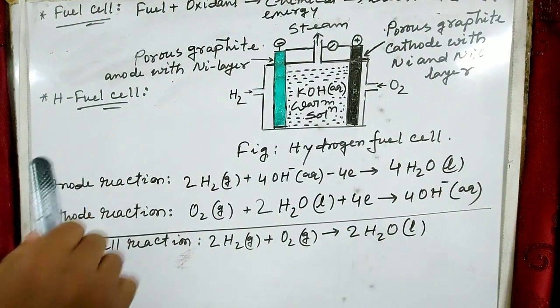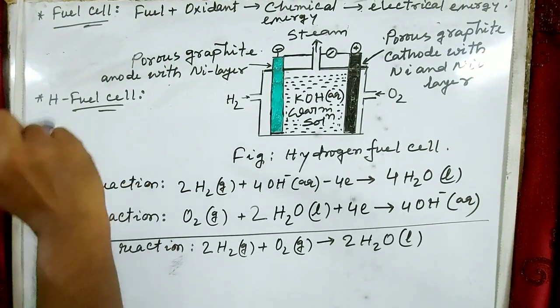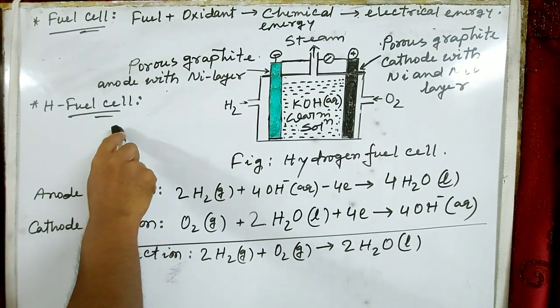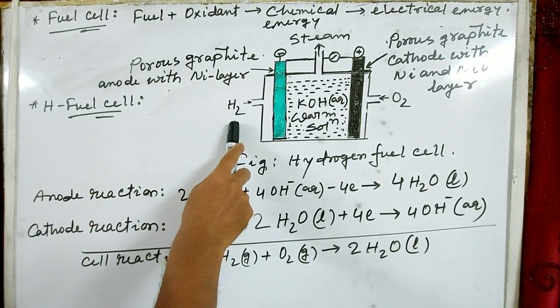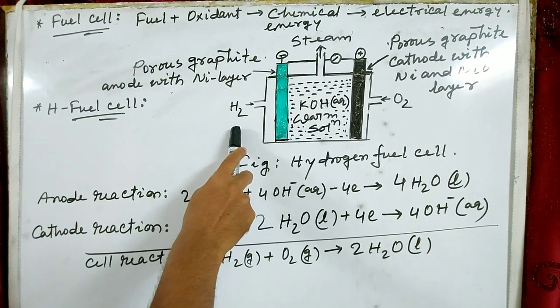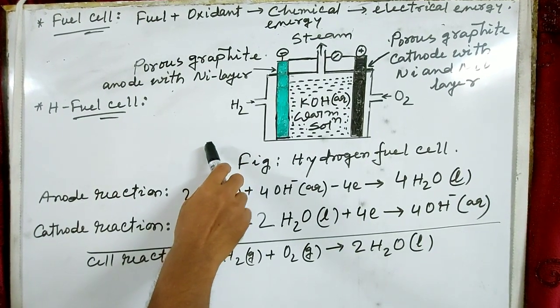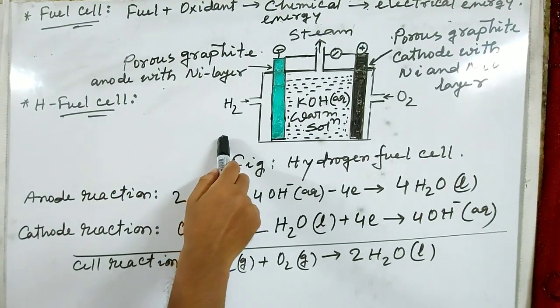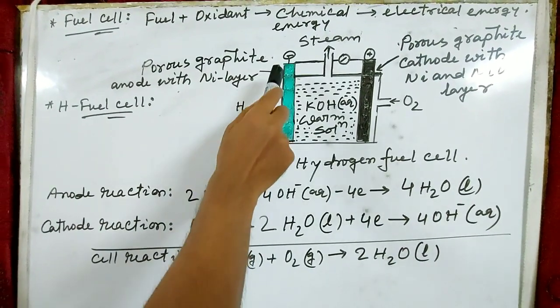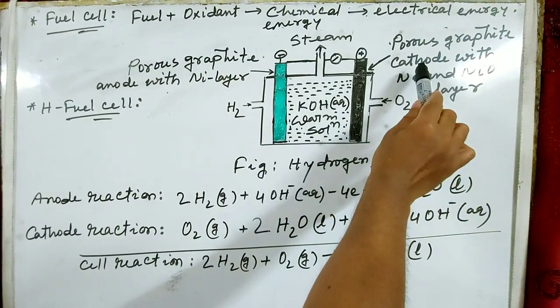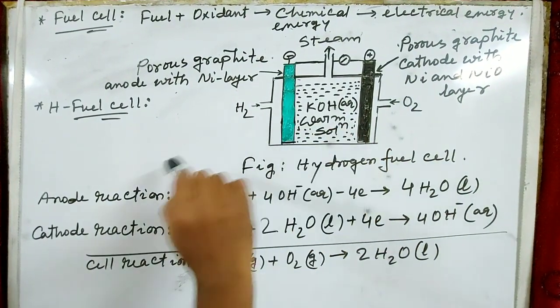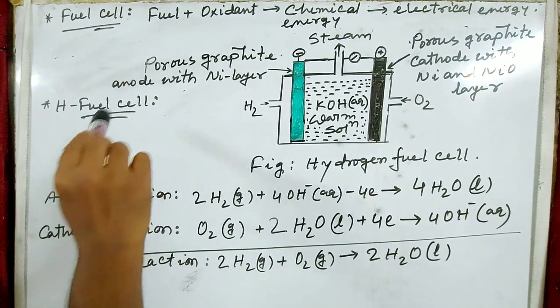The hydrogen fuel cell is an example of a fuel cell. In this fuel cell, hydrogen gas is used as fuel, and there are three major parts: one is the anode, second is the cathode, and third is the electrolytic substance.